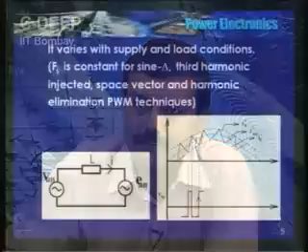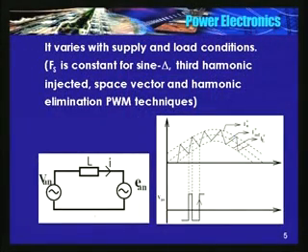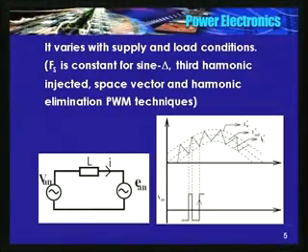See, in the last class I also told you that we are controlling the current, and the upper switch is kept on till the current touches the upper band. See here, at this point the upper switch is closed, current increases, until it touches the upper band, the upper switch remains closed.